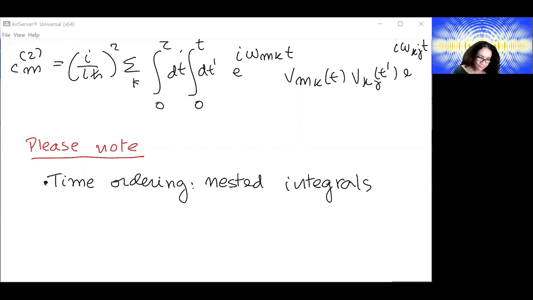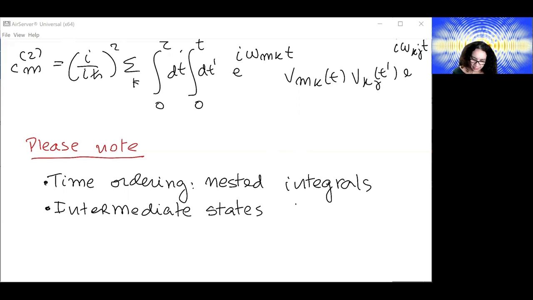Then you have intermediate states phi k. Where do you see that?